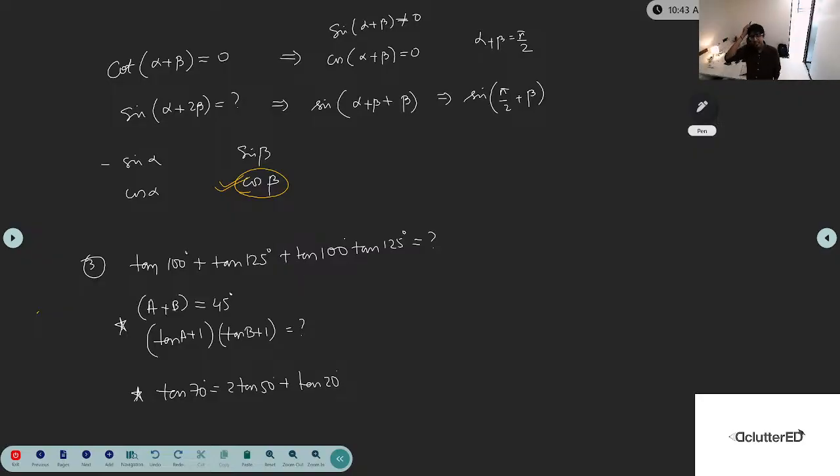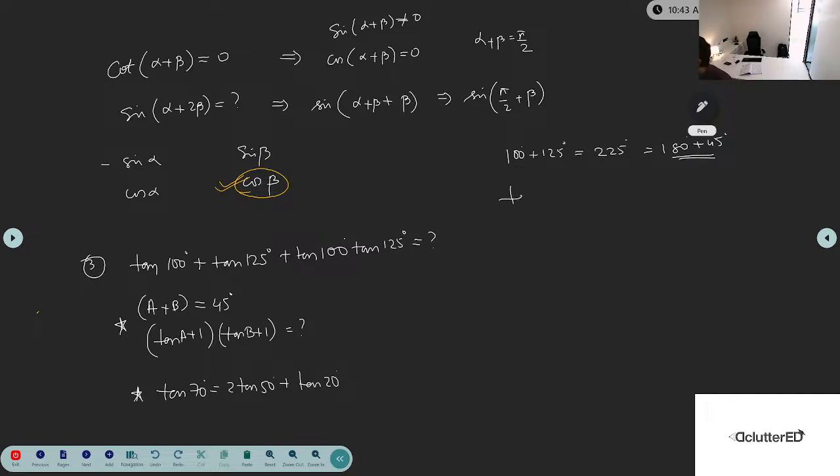Now, 100 degrees is something that we have not studied. It's not a multiple of 30, neither is it a multiple of 9. 125 degrees, the same thing, right? But the magic happens when you see 100 degrees plus 125 degrees is 225 degrees, which is 180 degrees plus 45 degrees. So I know 225 degrees lies in the third quadrant and tan is positive there, right?